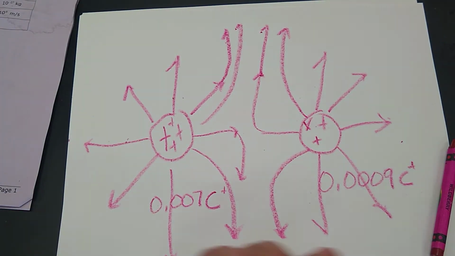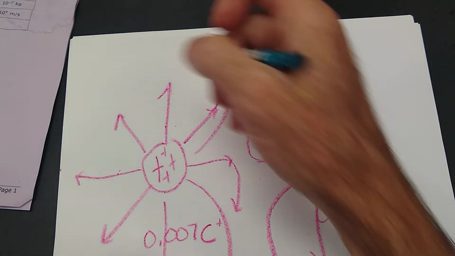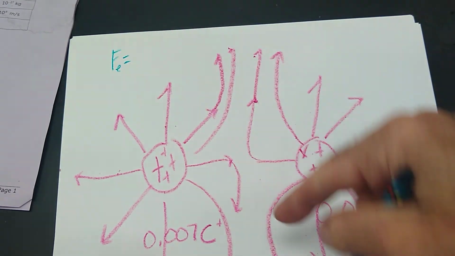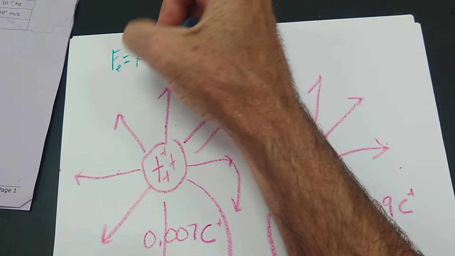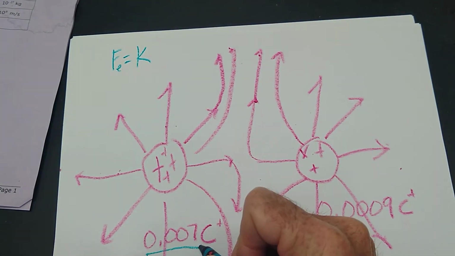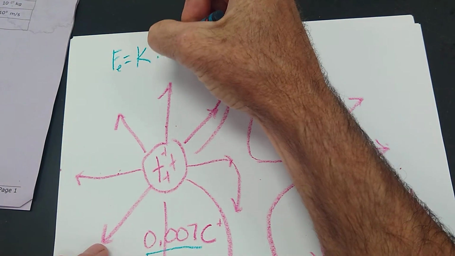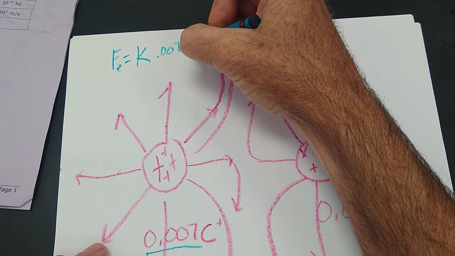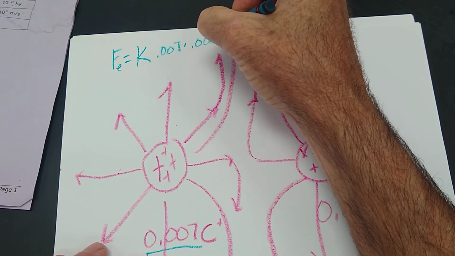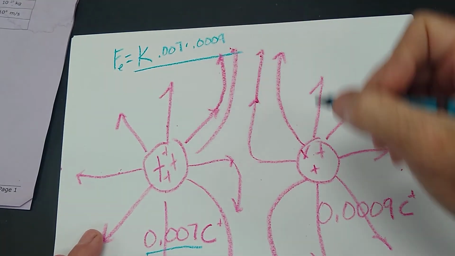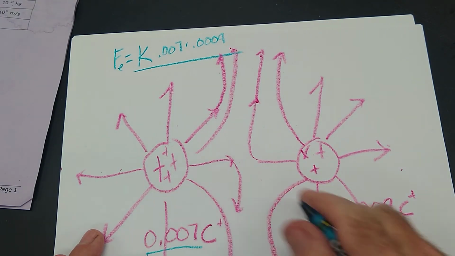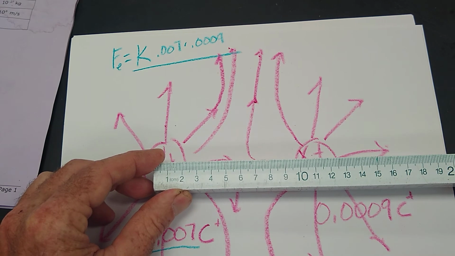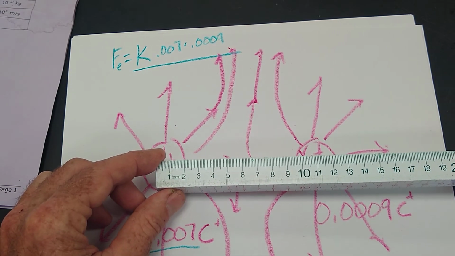Let's calculate how hard these things would push apart. It's easy to do. Up here in the corner we have Coulomb's law. The force between these two electrical charges is equal to K times 0.007 times 0.0009 over R squared. I'm just going to measure from the middle, though we really should be measuring to the surface.